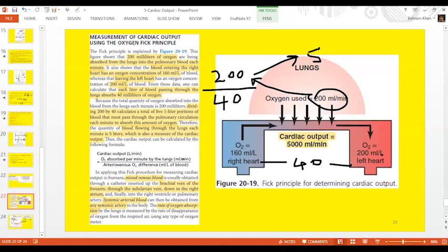So you take the difference, that is 40, and you divide 200 by it, and this will give you 5 liters. Oxygen absorbed divided by the oxygen difference at the arteriovenous end.